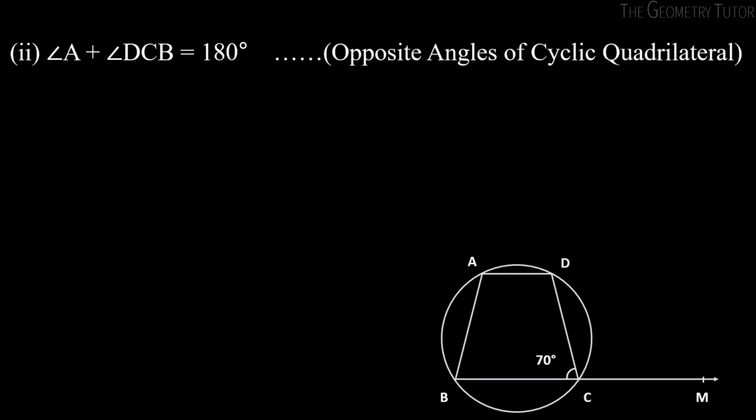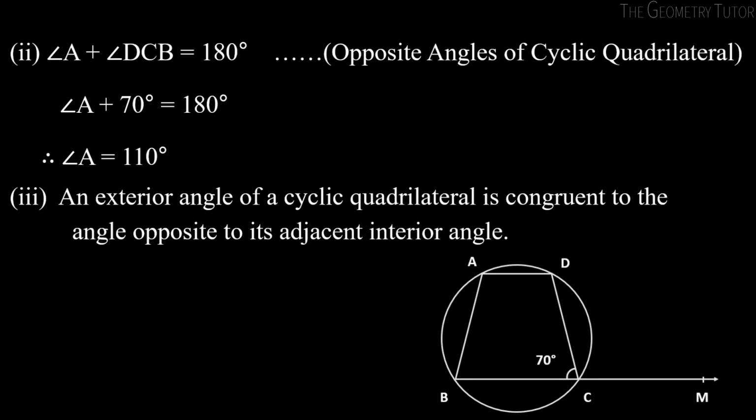Number 2, angle A plus angle DCB is equal to 180, opposite angles of cyclic quadrilateral. Angle A plus 70 is equal to 180. Therefore, angle A is equal to 110. So, we get the following result: an exterior angle of a cyclic quadrilateral is congruent to the angle opposite to its adjacent interior angle.